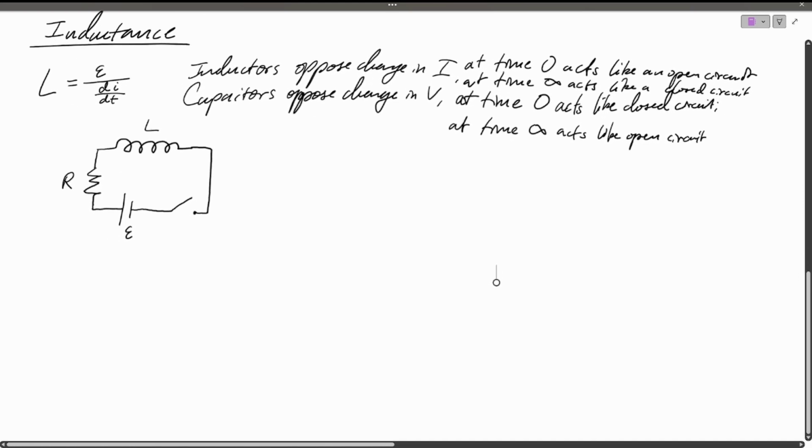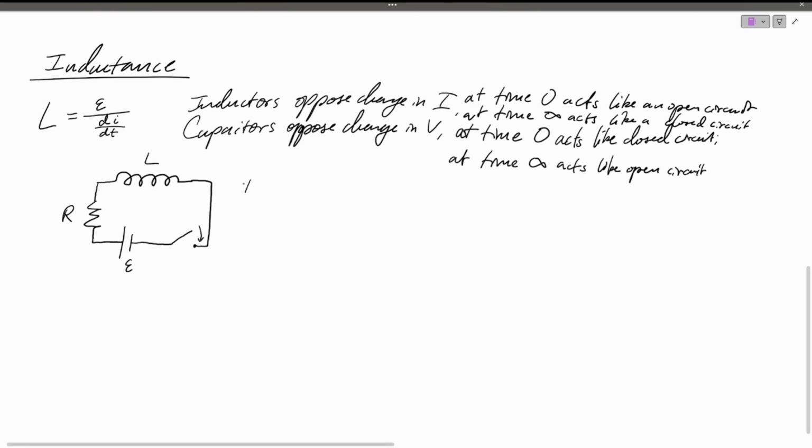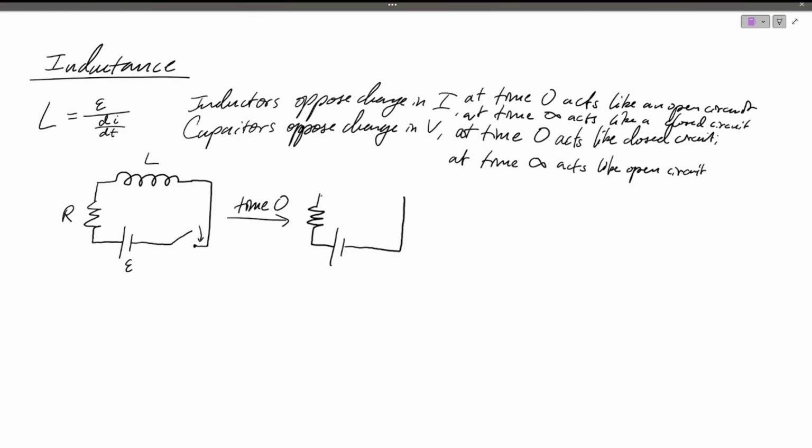So let's say this switch just closed. What is the current flow at time 0? So we could redraw this at time 0. Effectively, it is going to act like this, because it's opposing all of that new current this battery is trying to introduce.